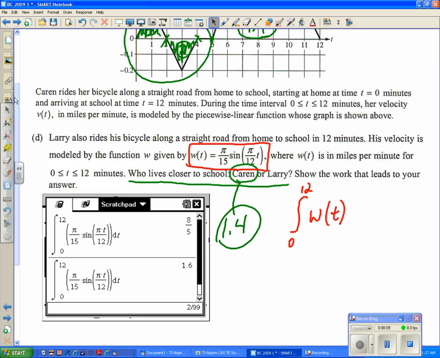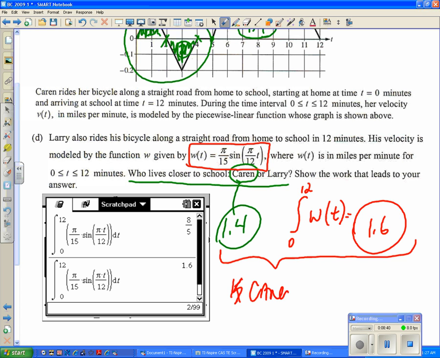I put that function in my calculator and I evaluated, and it turned out to be 8/5 or 1.6. This is how far Larry lives from school. And so we are showing the work that leads to our conclusion, and we need to clearly state the conclusion. They want to know who lives closer, so it is Karen, C-A-R-E-N. Karen lives closer. And that's all we need to say about that.